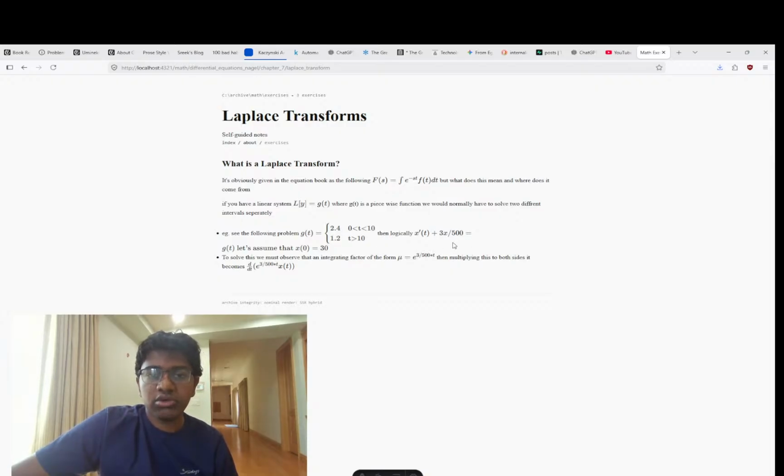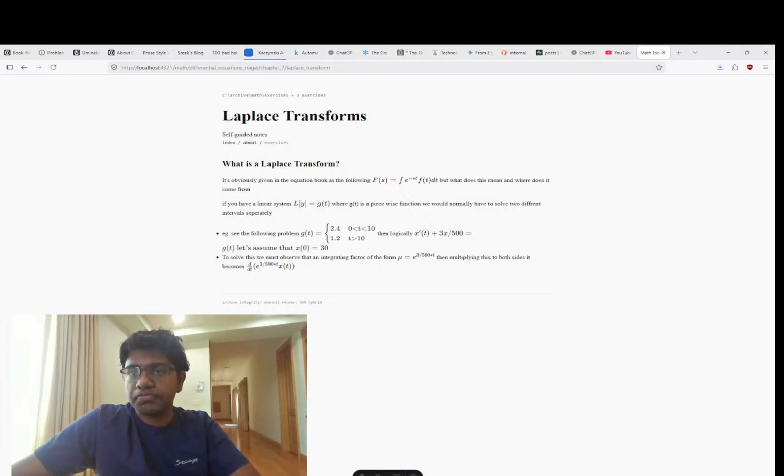And then it's going to equal mu g of t. The full expression is going to be equal to e to the 3 over 500 times t, and then g of t.